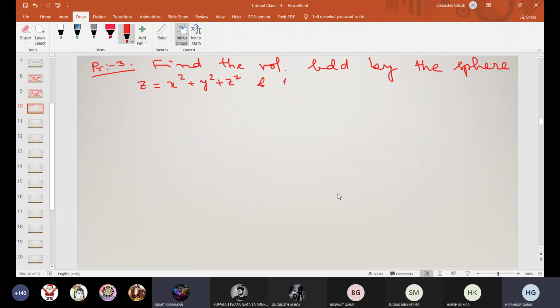And cone is z equals to under root of x square plus y square. Okay.